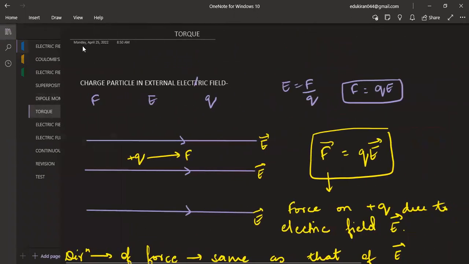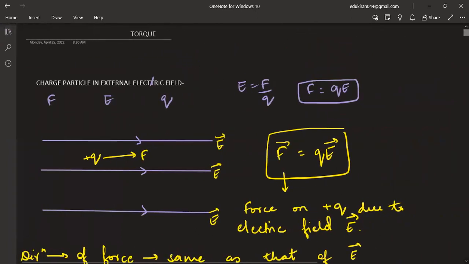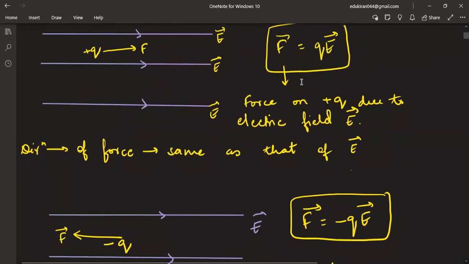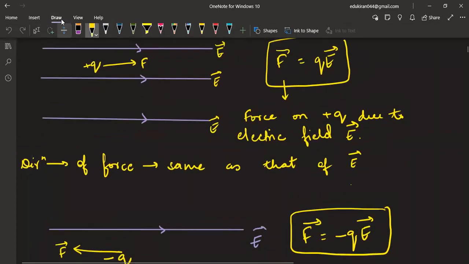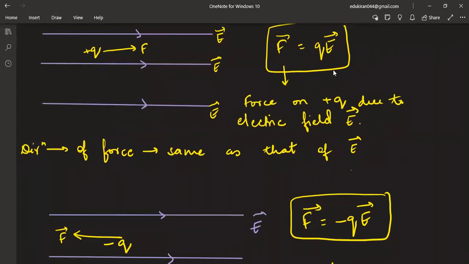Under torque also, if questions are on equilibrium, then check whether F is equal to QE is coming to something or not. If F is equal to QE isn't coming to something, then F net is 0. It means your system is in translatory equilibrium.